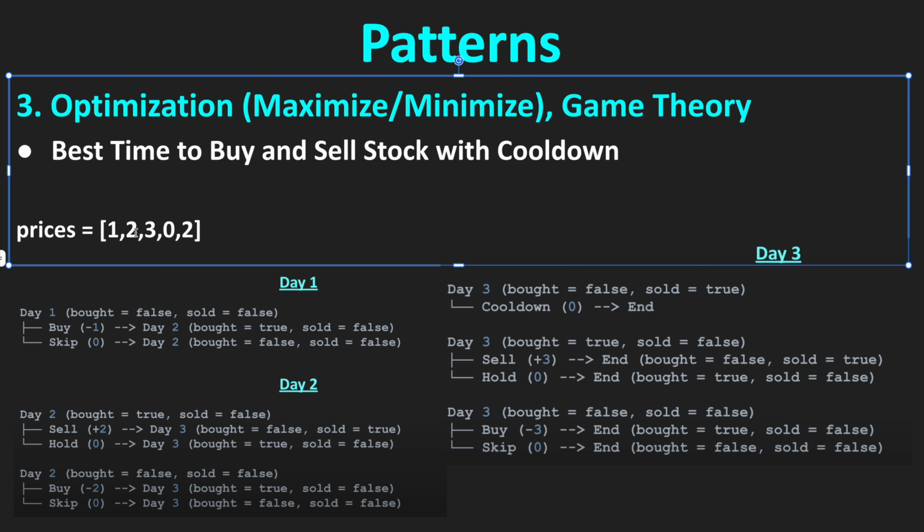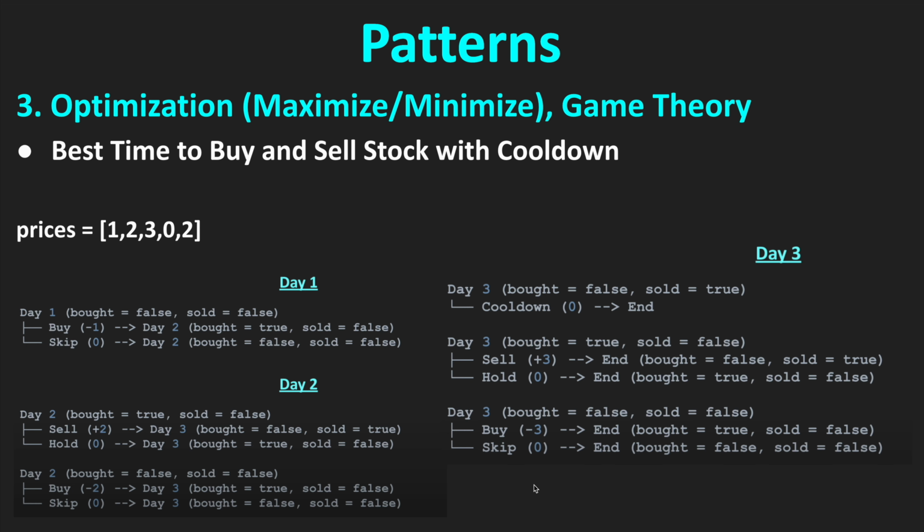For example, if we buy on the first day and sell on the second, then on the third day we cannot buy or sell. We should have a cooldown. Then we buy on the 4th day and sell on the 5th day, so we have a profit of 3. We need to find the maximum profit that we can get from this array.